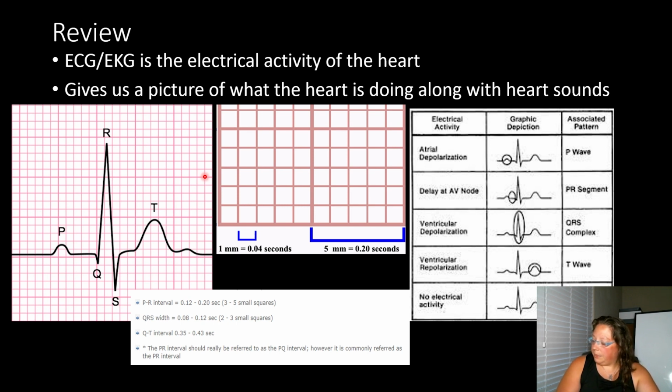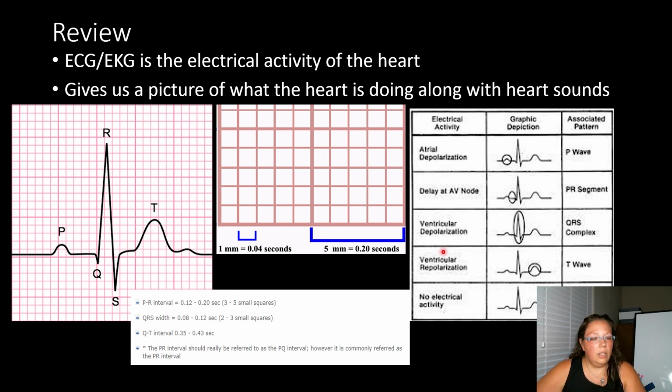Then we've got 5 of the large squares, so 5 of these guys equal 1 second. 15 large equals 3 seconds, and then 300 is 6 seconds. Usually most of your strips, if you're ever taking a test or anything, will be a 6-second strip. So you get a minute of a heart rhythm.